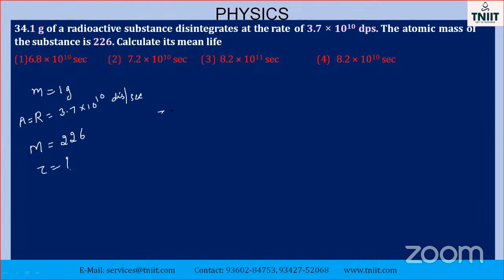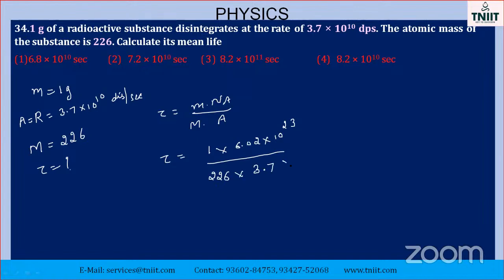You know the mean life is given by mass into Avogadro number divided by the molecular mass into activity. Mass is 1 gram. Avogadro number is 6.02 into 10 power 23. Molecular mass is 226. Activity is 3.7 into 10 power 10. 10 power, it is 23 minus 10, that is 13. 6 I will take it as 6.